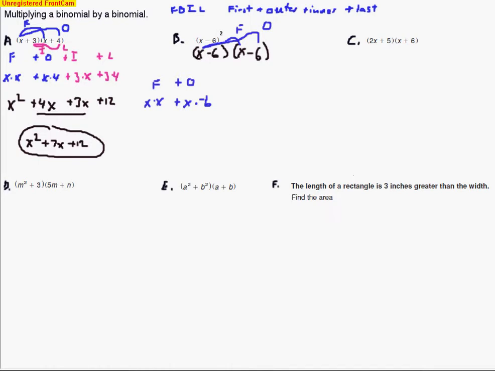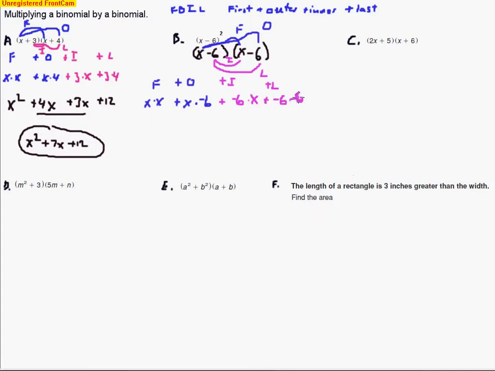Now we move on to the inside terms. Negative 6 times x, so plus the inside, negative 6 times x. Again, we've multiplied x by each, that's why we moved on to the negative 6 in this case. So negative 6 times the negative 6. Those are the last terms, so plus the negative 6 times negative 6.